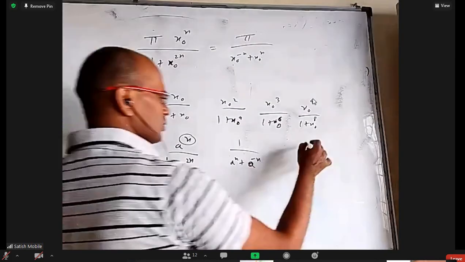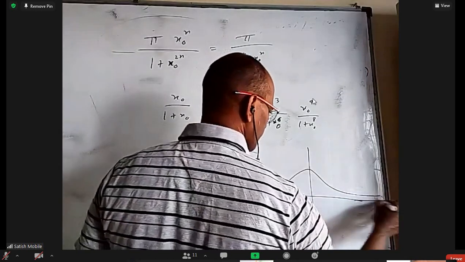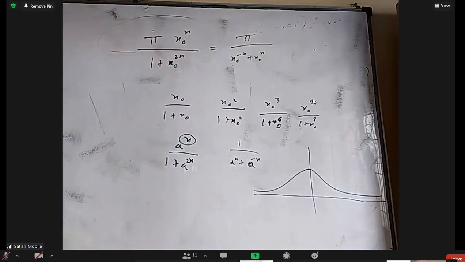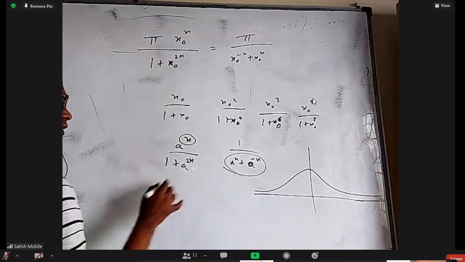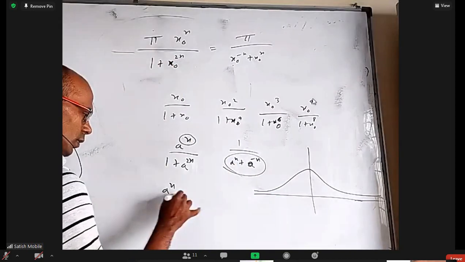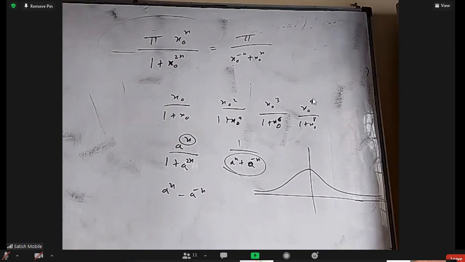I think we very well know the graph is like this. And not only that, if I take only denominator, it is more easy to prove. So the derivative is a power x minus a power minus x. And our x is a natural number here.